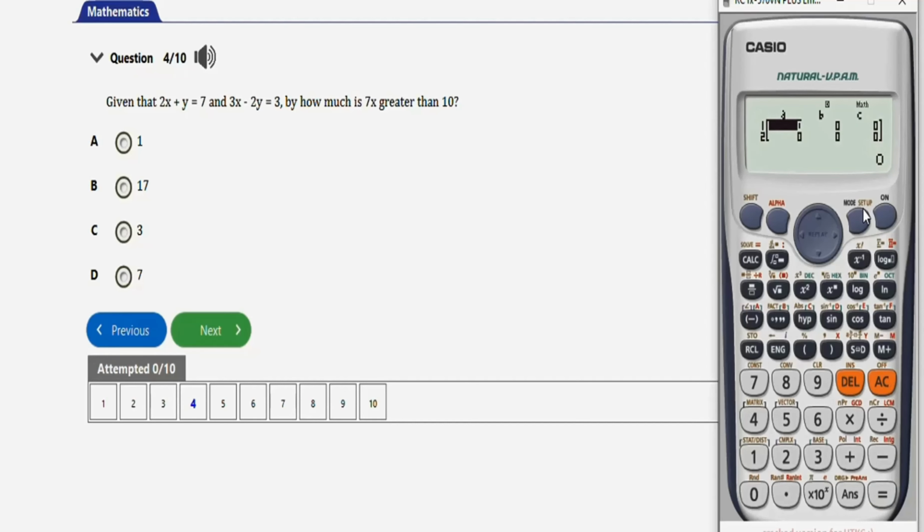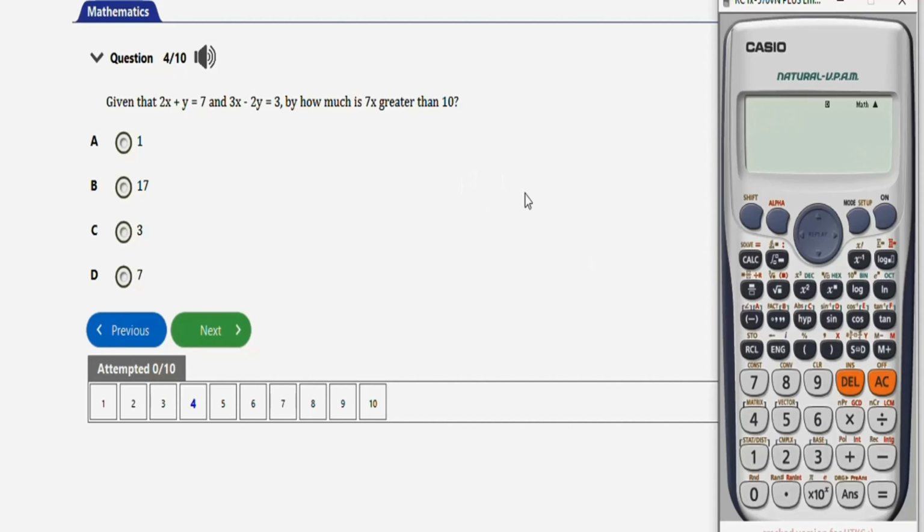So let's put this in decimal. 17 divided by 7 should give you 2 point something. So 2.4. So this will be 2.4 times 7. So you have it to be 16.8. So 16.8 is approximately 17.